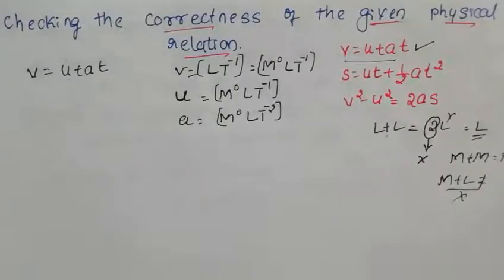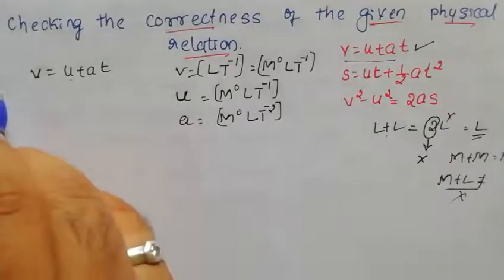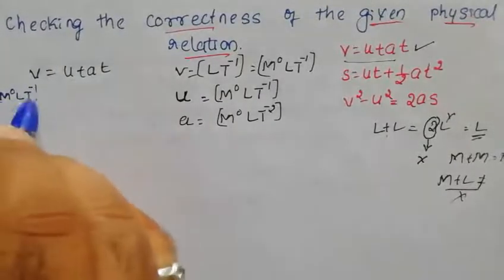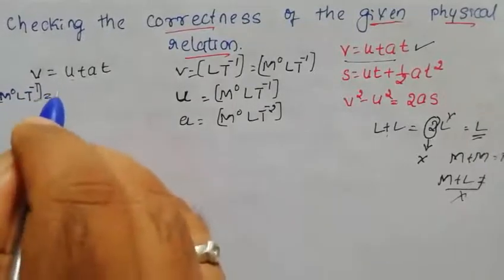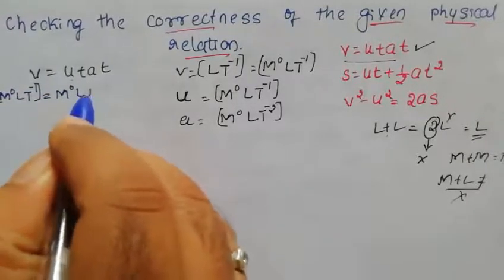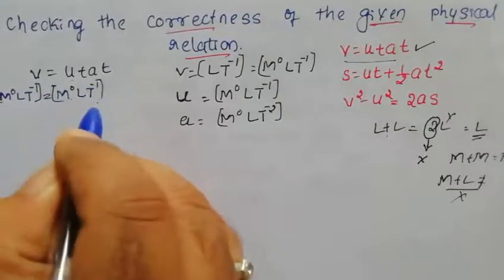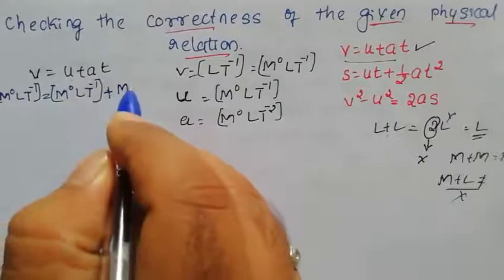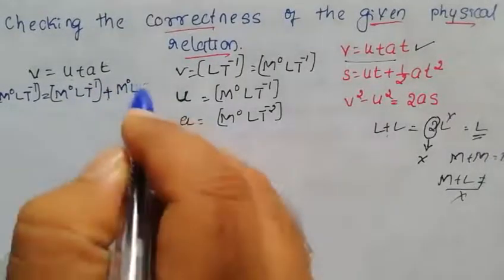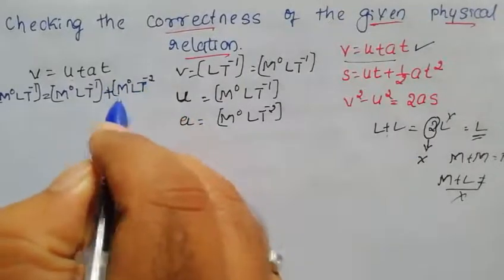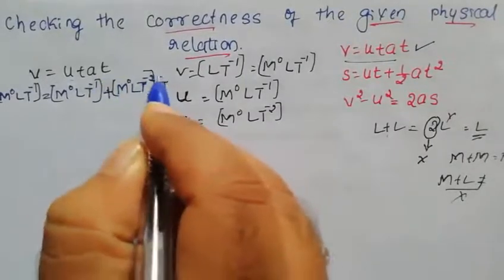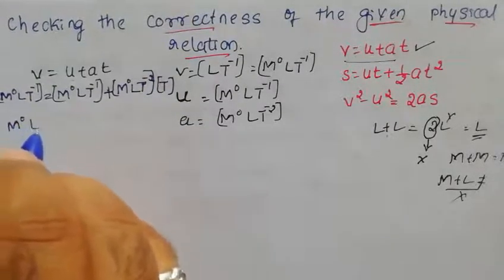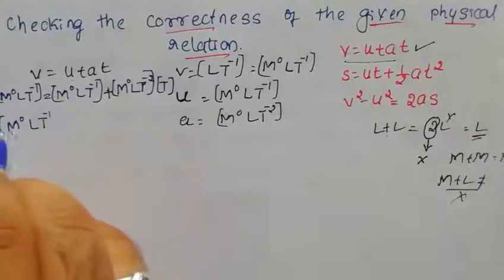Let us check these values one by one. v means M to the power of 0 L t to the power of minus 1, equal to u, M to the power of 0 L t to the power of minus 1, plus acceleration, M power 0 L t to the power of minus 2, into time, T. Now look at the left hand side, M power 0 L t to the power of minus 1.